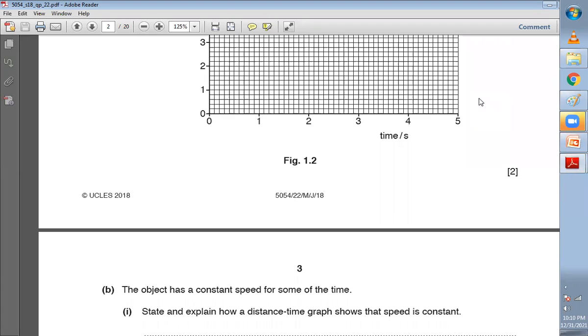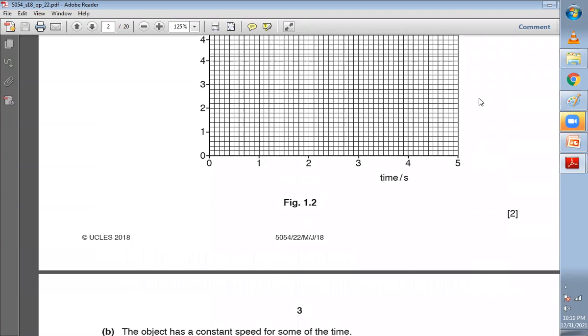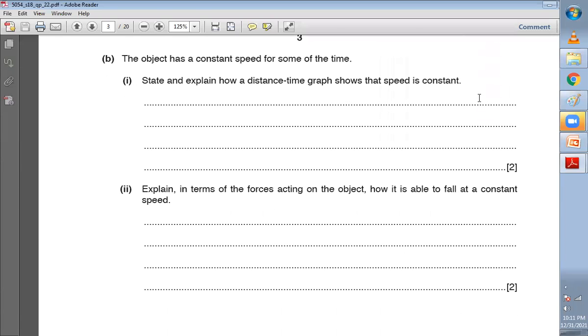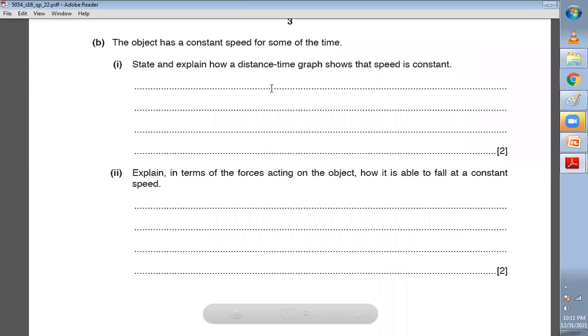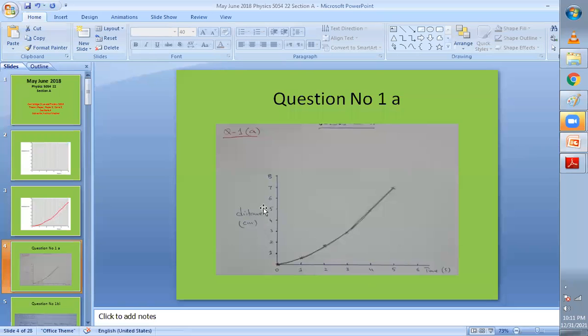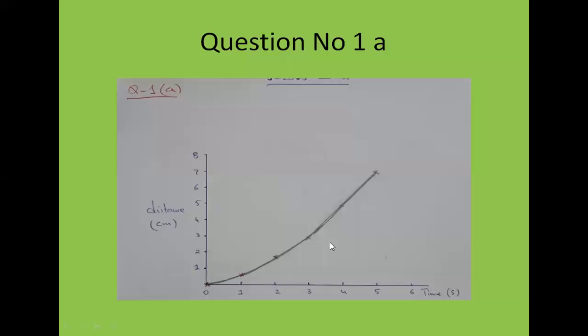Now, the B part is that the object has a constant speed for some of the time. State and explain how a distance time graph shows that the speed is constant. You see, if this is a distance time graph, the slope of the distance time graph is equal to the speed of the body.